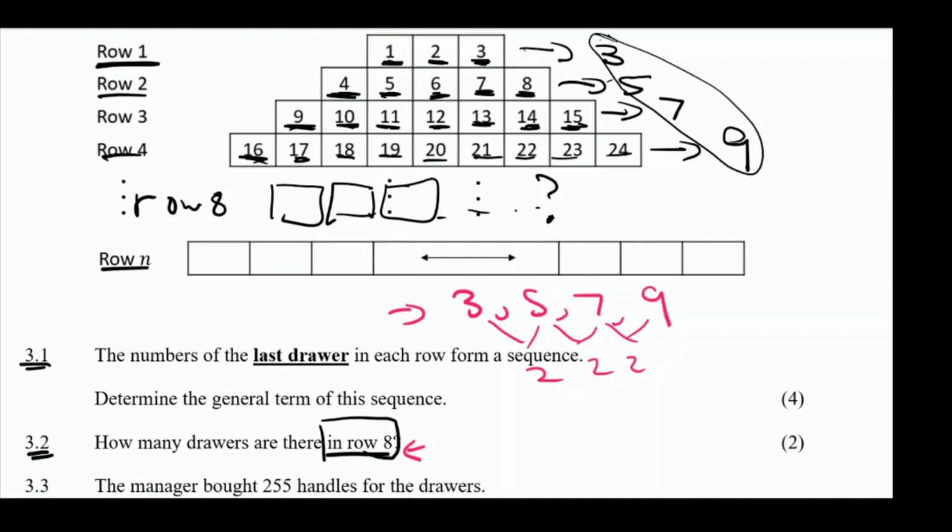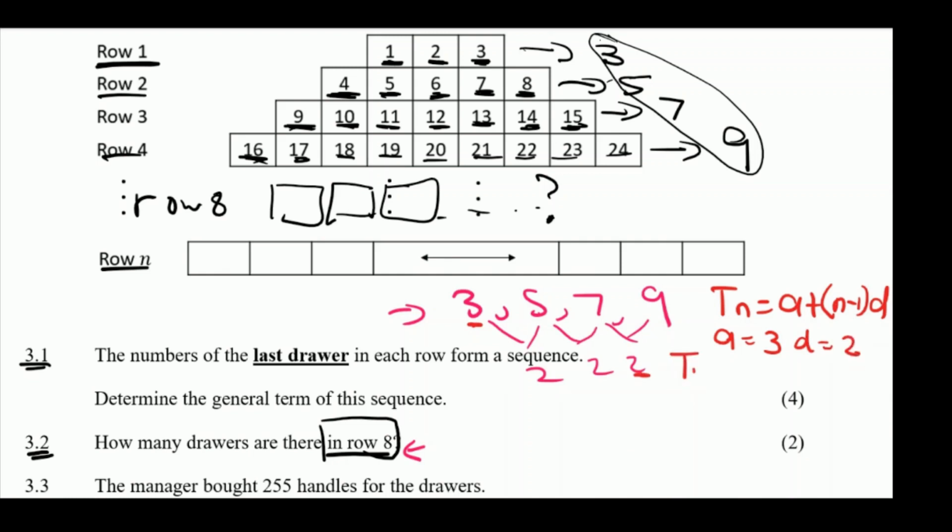This means we can use the equation of an arithmetic sequence, Tn equals a plus (n minus 1)d, to find the general term, where our a value is 3 and our d value is 2.